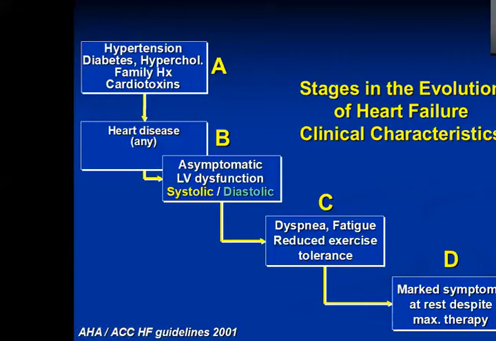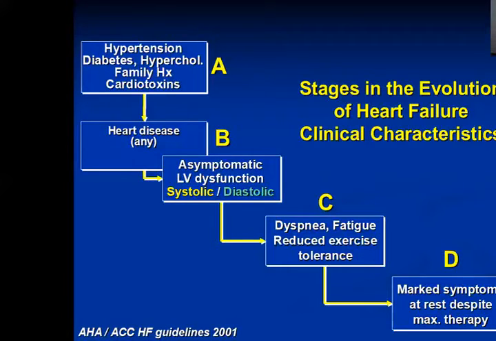Similarly, a patient who is diabetic in stage A has ischemic heart disease and a mild LV dysfunction, but without symptoms, in stage B. Stage C is a clear-cut symptomatic stage, and stage D is marked symptoms which are refractory to treatment.